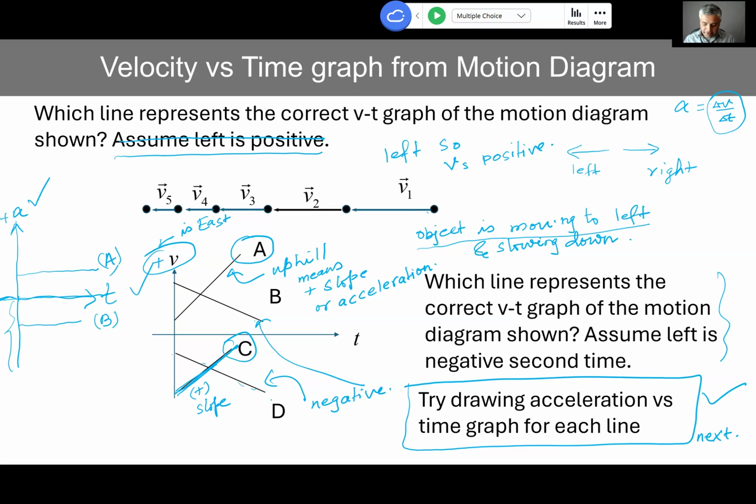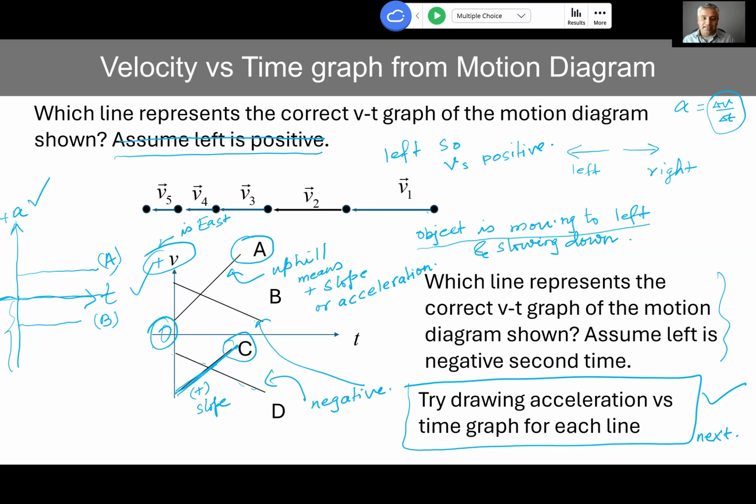So D, faster away from zero. Away could be towards zero as well. As long as it's moving, this zero is not position. This zero is velocity zero.